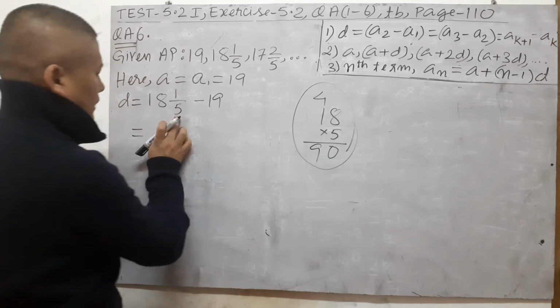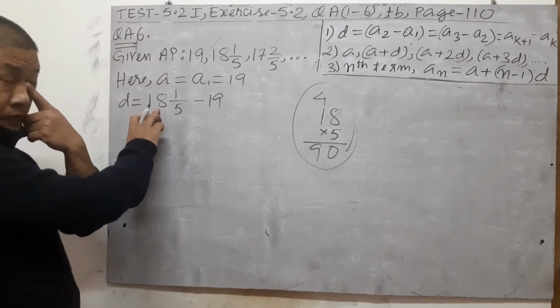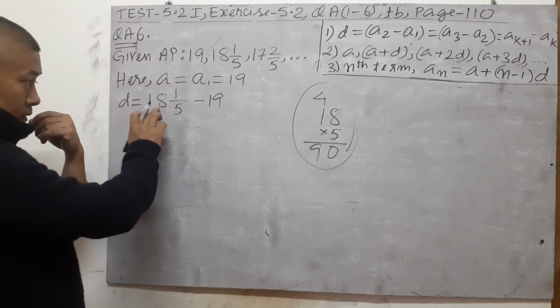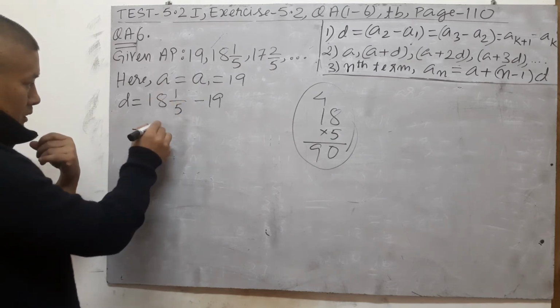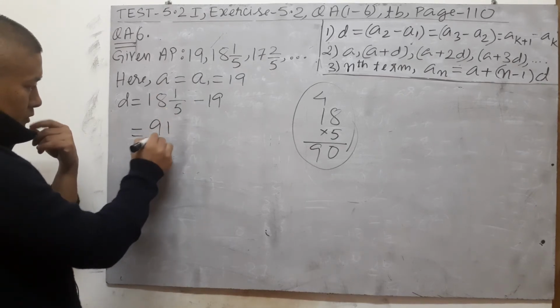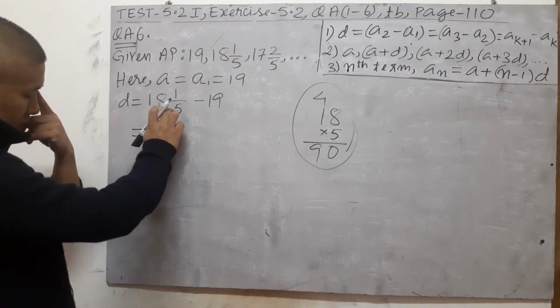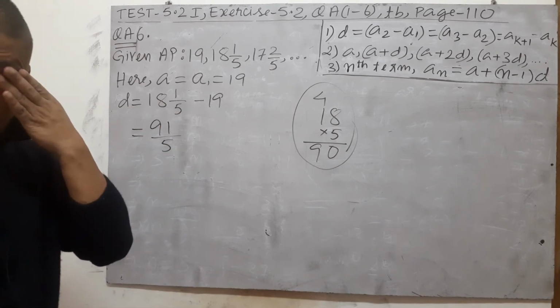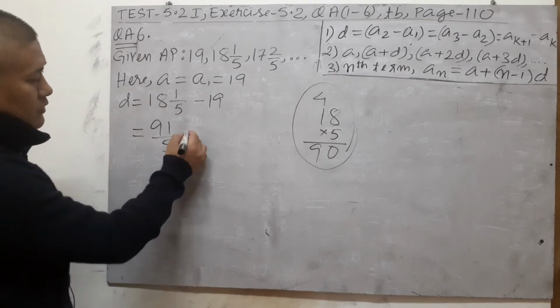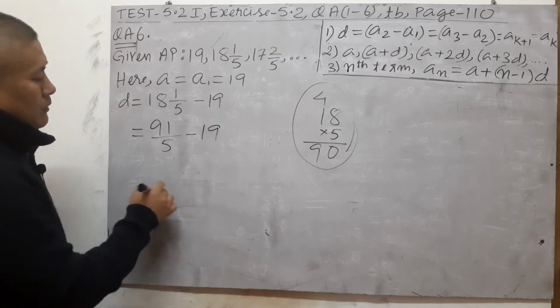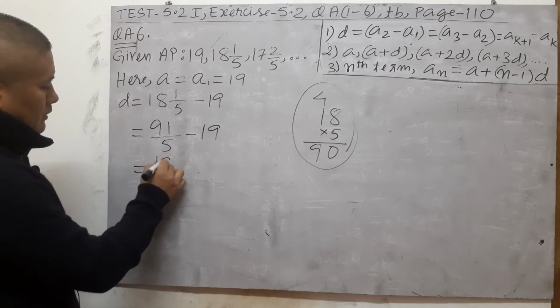So you're getting 90 when we multiply 5 into 18. Then 90 plus 1 up here in the numerator, so 91 by 5. So change this mixed fraction into the proper fraction form. So here minus 19, then 91.